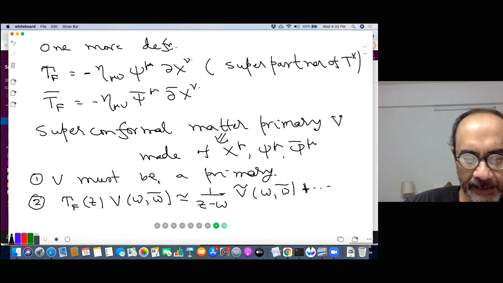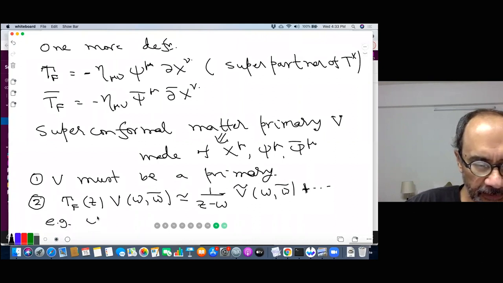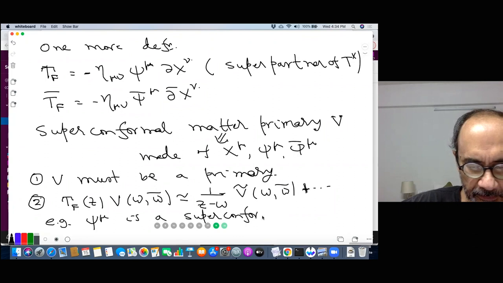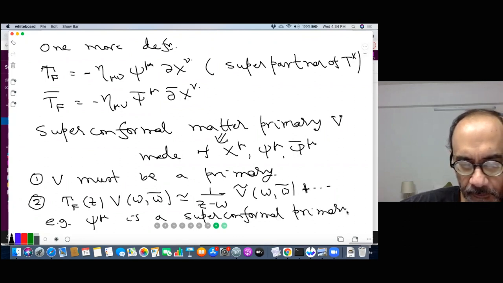So this is the definition of a superconformal primary. Just to give an example, psi mu is a superconformal primary.